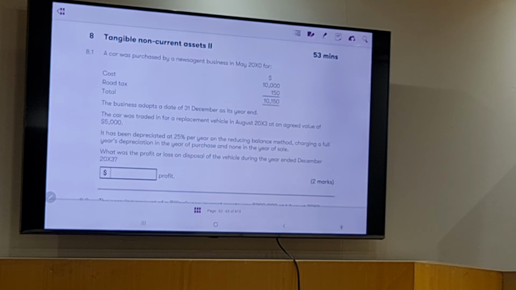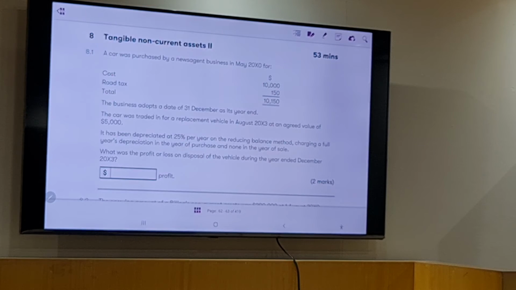The first year 2,500. The second year 1,875. The third year 1,406. Take the total of these 3.